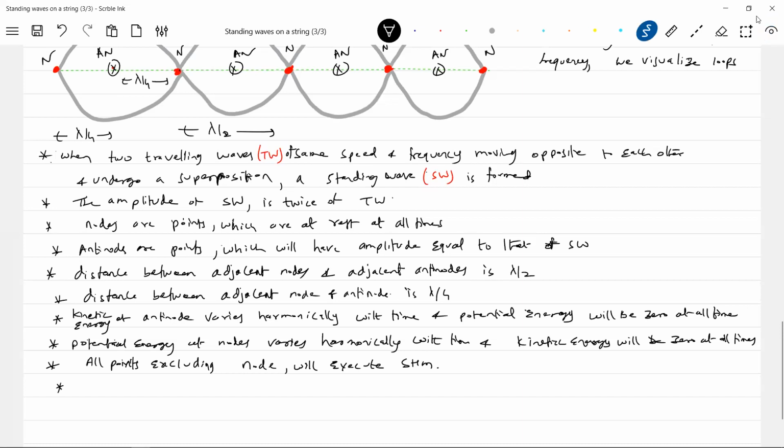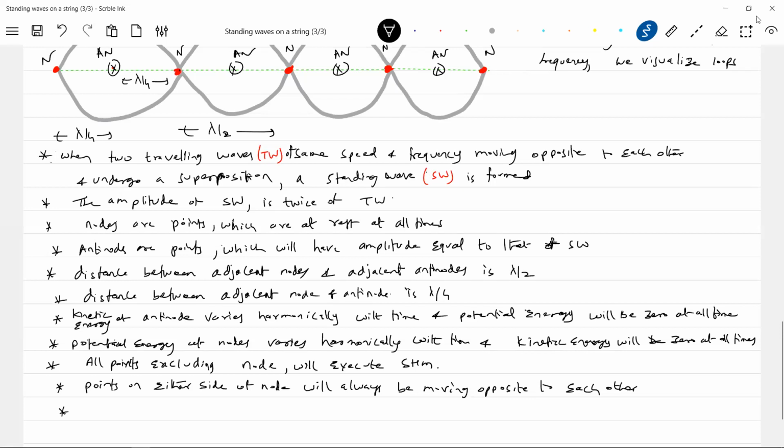Again, points on either side of a node will always be moving opposite to each other.